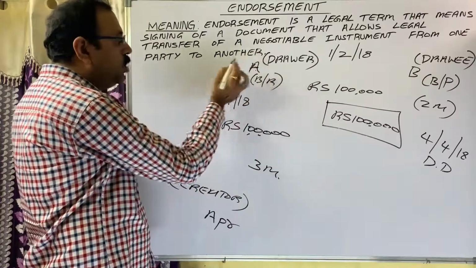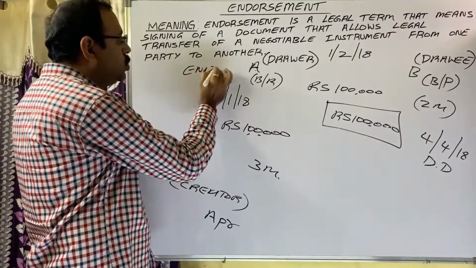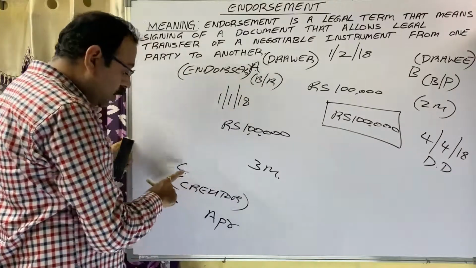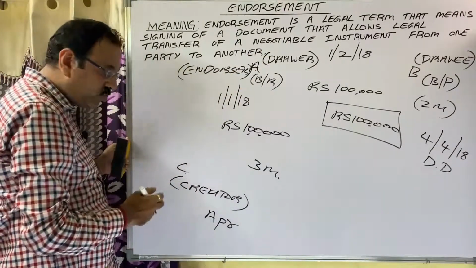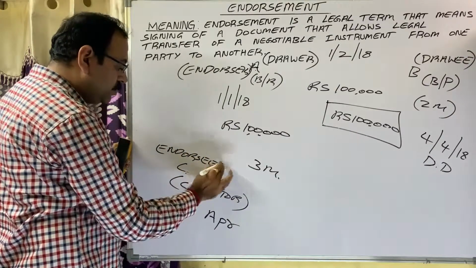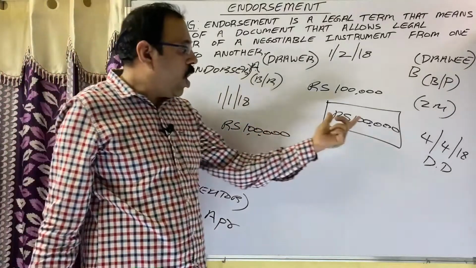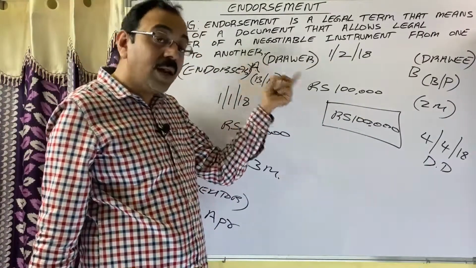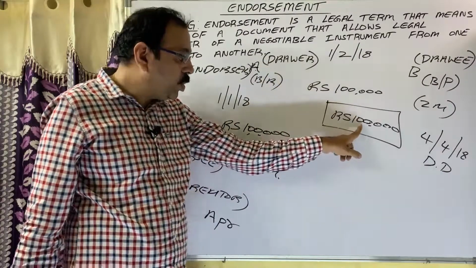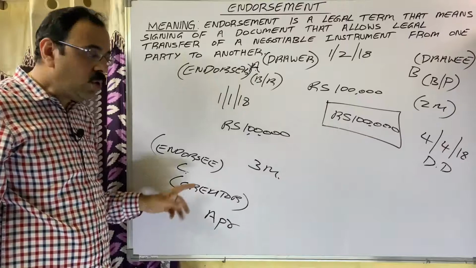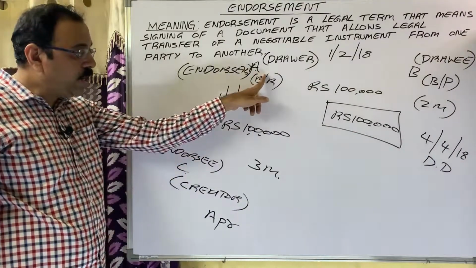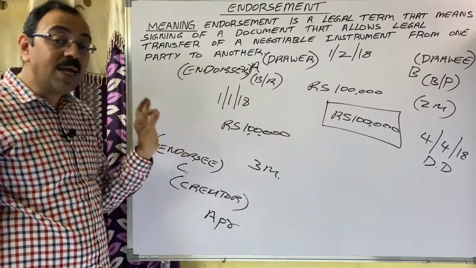So a person who is transferring the bill is known as endorser, and a person to whom this bill is transferred is known as endorsee. Till now, on this document, A has the right to take the money, and he is passing that right to C. So passing on the right of collecting the money from one party to another party is known as endorsement.